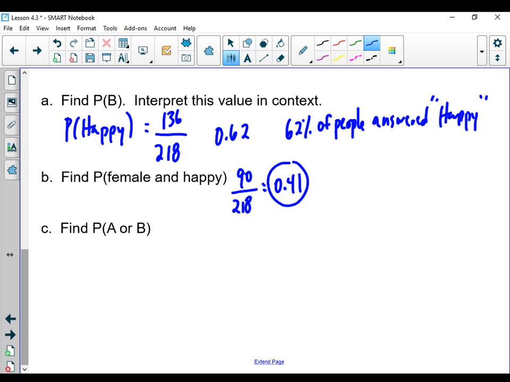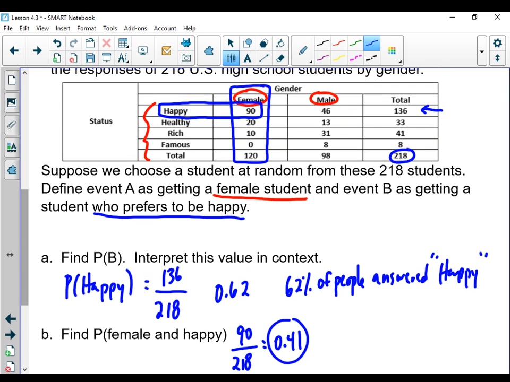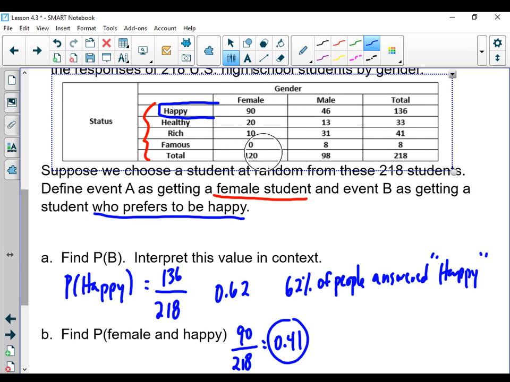Here's where we have to be careful. The last one wants to know what's the probability of A or B happening. In other words, what's the probability that the person we chose was a female, or the probability that the person we chose wanted to be happy? Well, let's look at the female. First of all, how many females answered the survey?